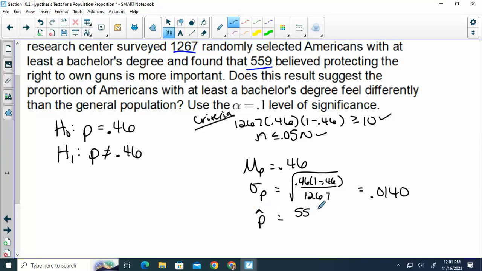Excellent. Now what? Z-score. So z is our value minus the mean divided by the standard deviation.